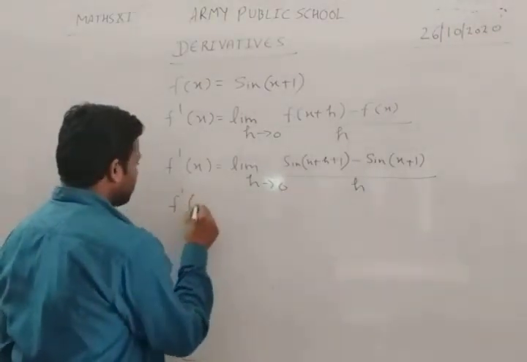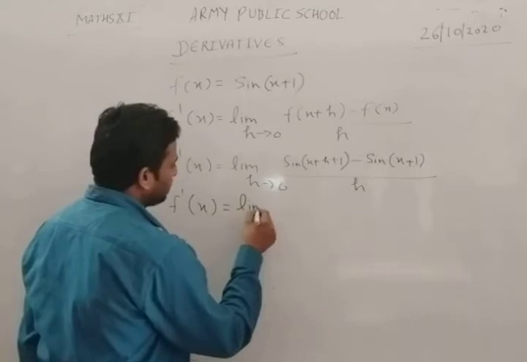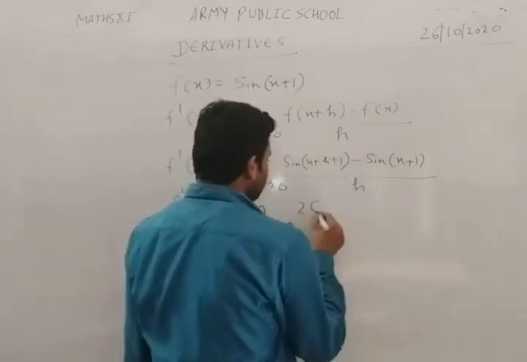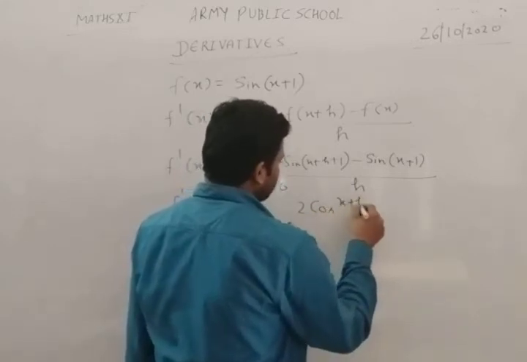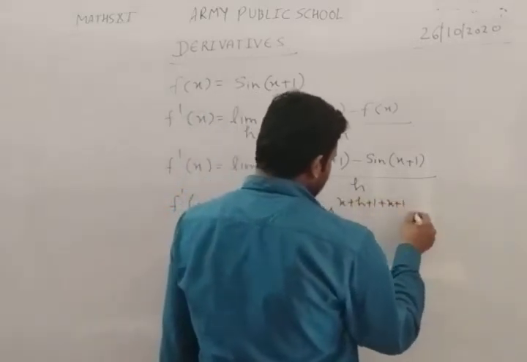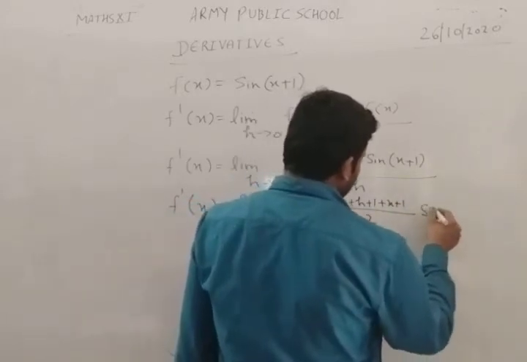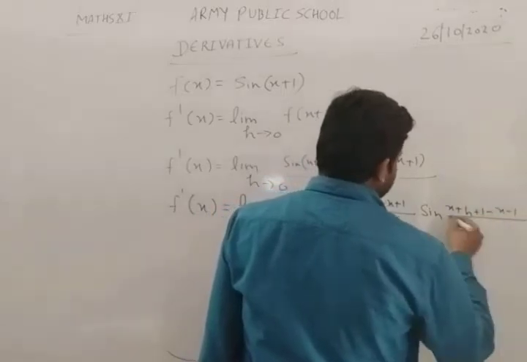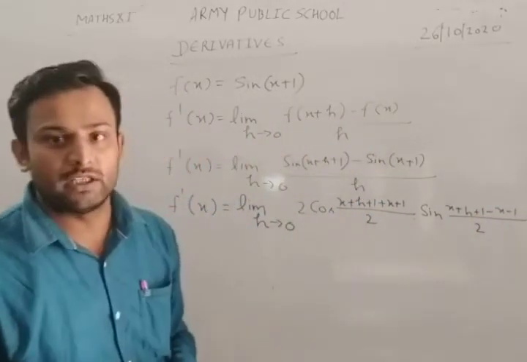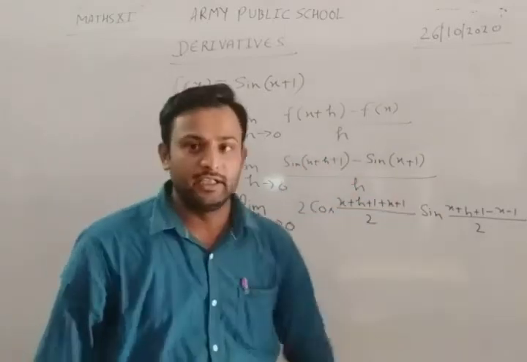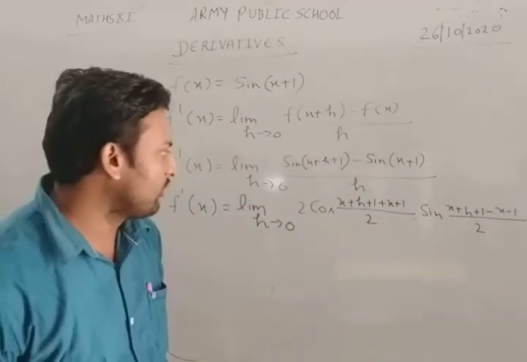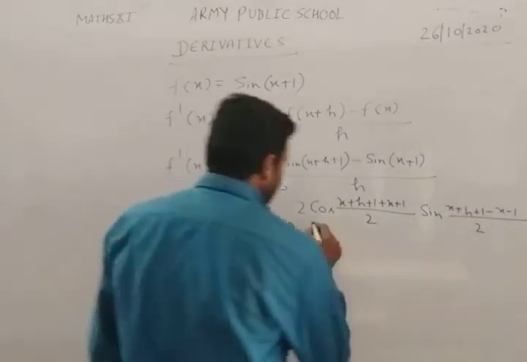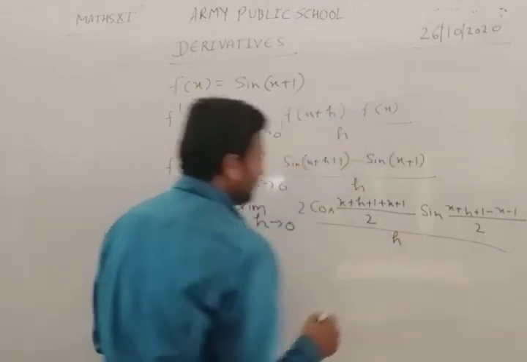We know the formula: sin c - sin d = 2 cos((c + d)/2) sin((c - d)/2). So f'(x) is limit h tends to 0 of 2 cos((c + d)/2) into sin((c - d)/2), and this is divided by h. Now we solve it.